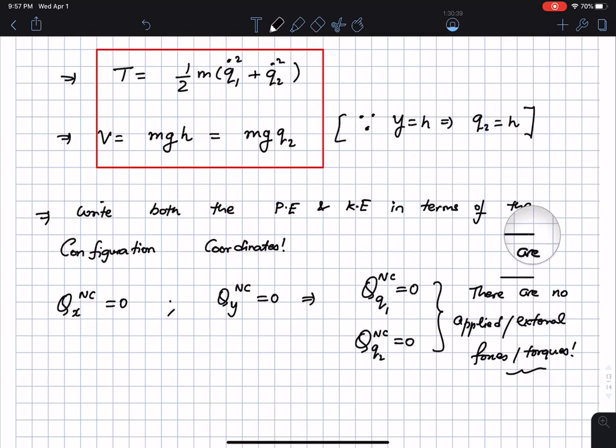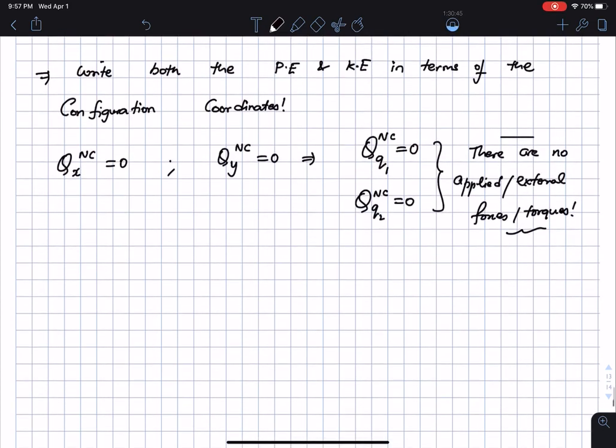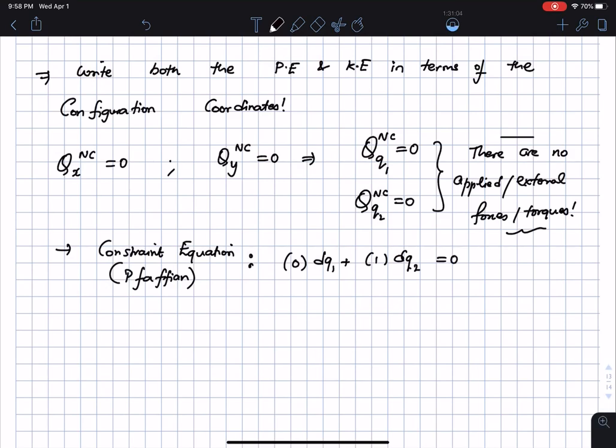Then I have the following. I have the constraint equation in the Pfaffian form, which is 0 dq1 plus 1 times dq2 is 0.